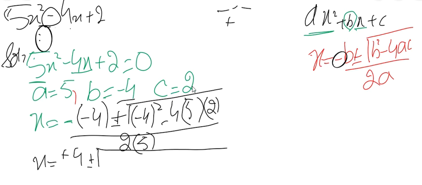And 4 square means we have to multiply 4 into 4, which means 16, minus 5 into 2, 10, 10 into 4, 40, by 5 into 2, 10. Now I just hope that you will learn this concept.